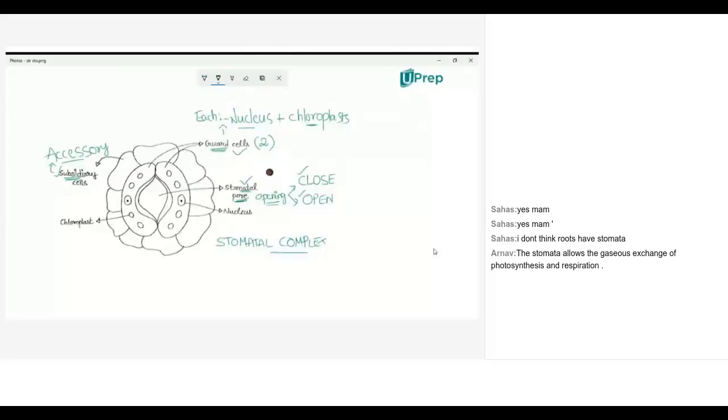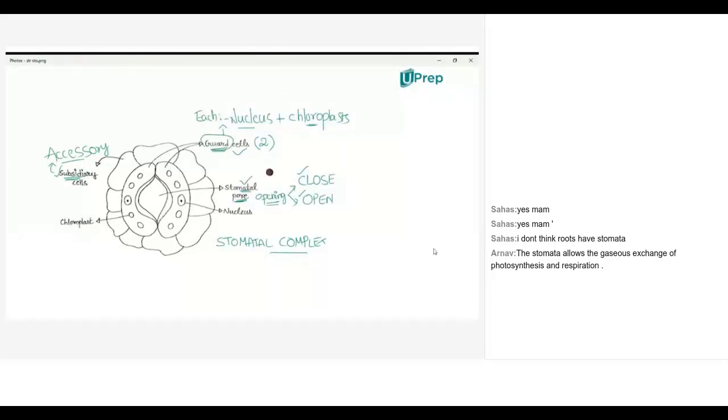Okay. Now, when you take the function of the stomata or the stoma pore, the closing and opening is done with the help of the guard cells around it. So guard cells basically play a major role.